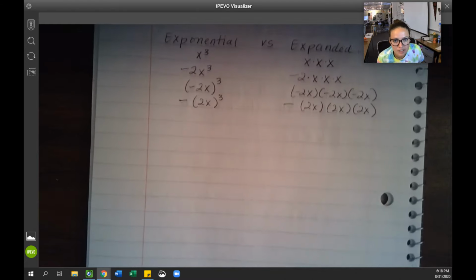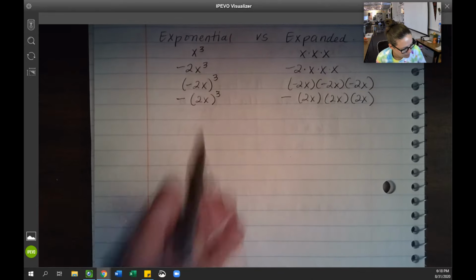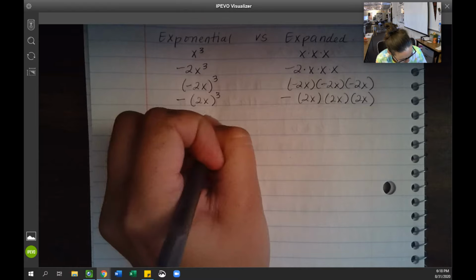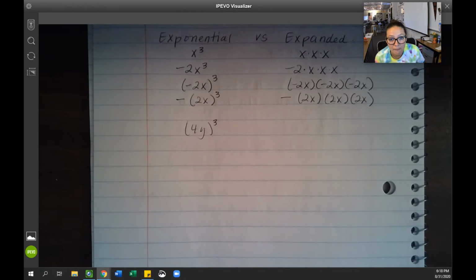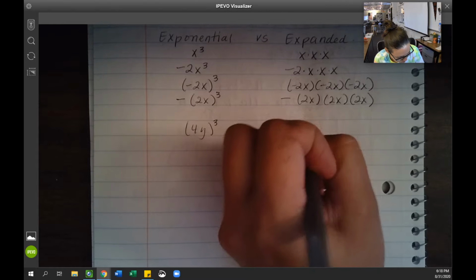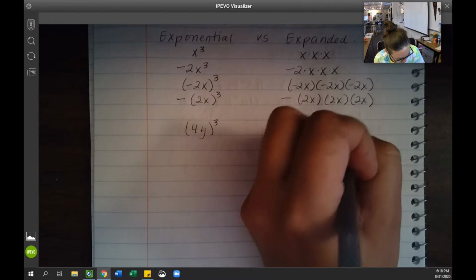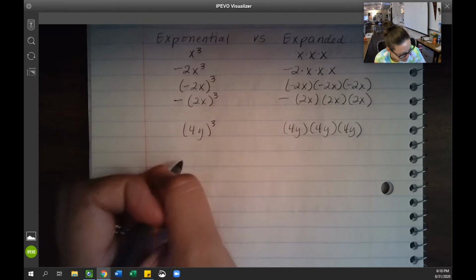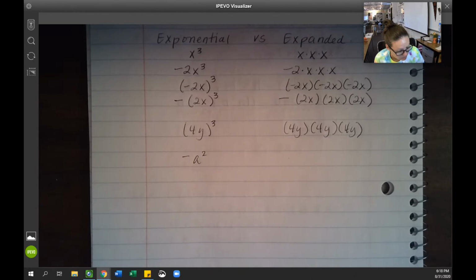Let's try a couple more examples. Let's say I have 4y cubed. Well, that means both the 4 and the y are actually being cubed. Let's say I have negative a squared.